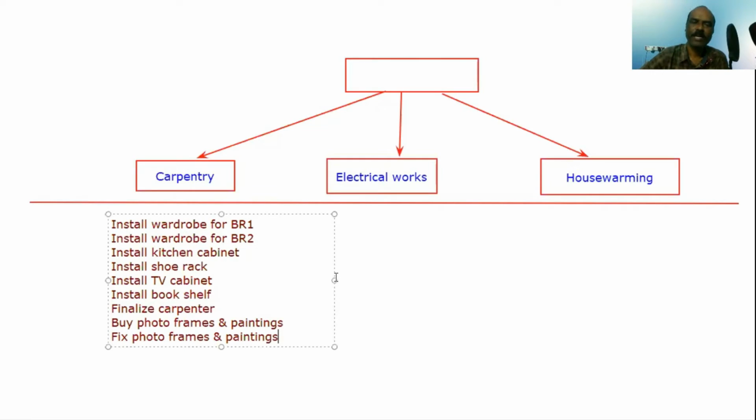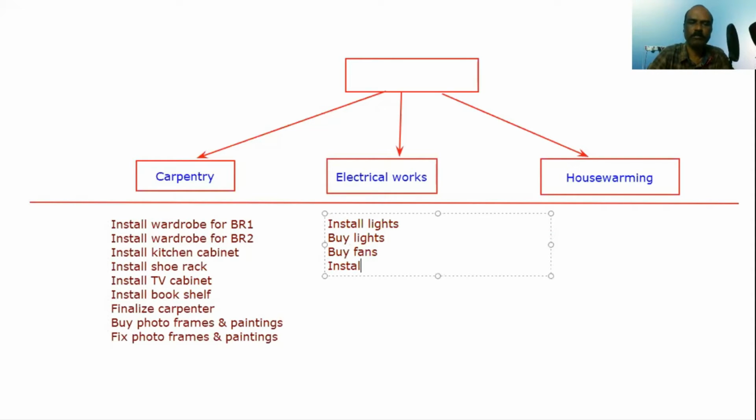Now, similarly, electrical works will have several items. Right, normally if you buy a new apartment, they don't give you any kind of fittings. They will give you the electrical wires, they will give you the switchboards, but they may not have lights or fans. So maybe I want to install lights. Of course, before that I need to buy the lights. I need to buy fans.